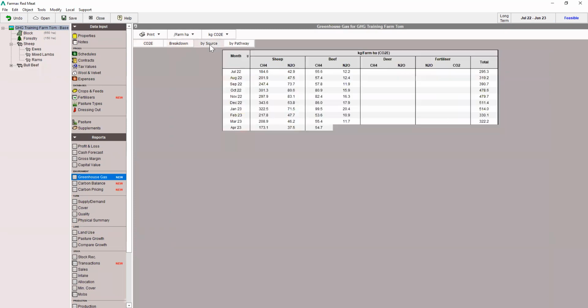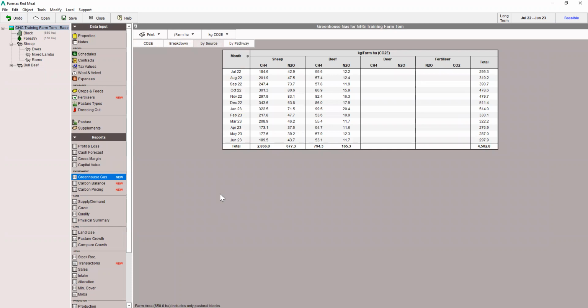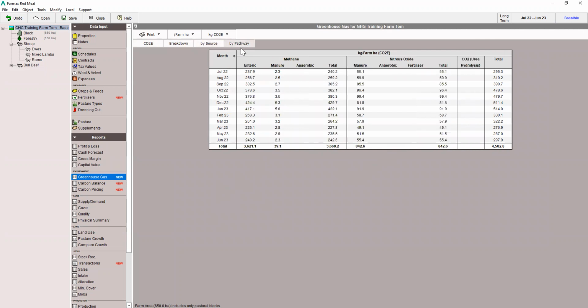I can also check out by source, which will show me how much is coming from sheep or beef or deer or fertilizer. In this case, we have sheep and beef on the farm, but we don't have any deer and we don't currently use any nitrogen. And finally, I can also see by pathway, which will show me the different biological sources of my greenhouse gas emissions, as well as how much is coming from urea hydrolysis from those fertilizer applications in the form of CO2.